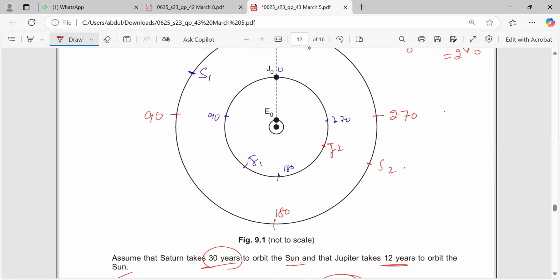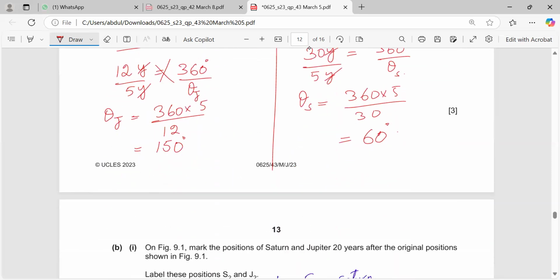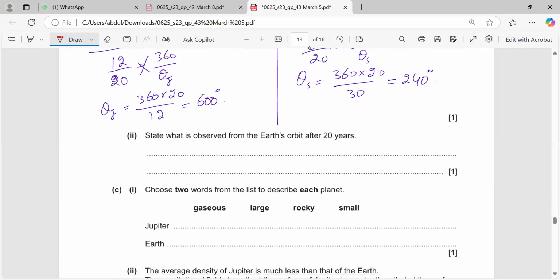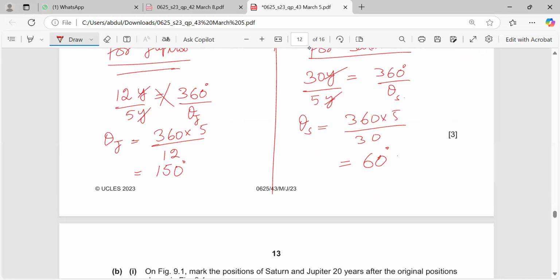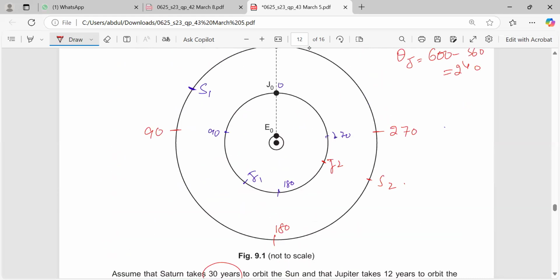So this was, of course, the question. Now state what is observed from Earth's orbit after 20 years. After 20 years, before, Jupiter was here, and after 5 years Saturn was here. They were not in line, but now you can see they are.